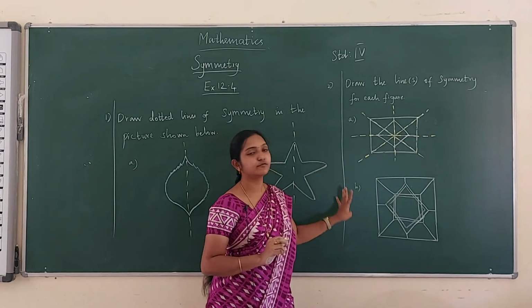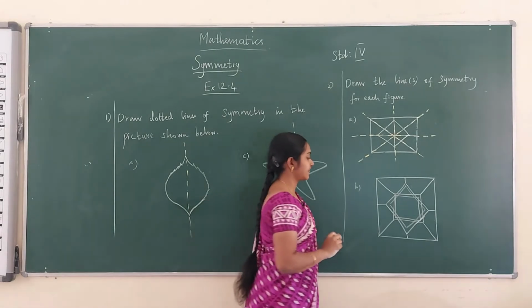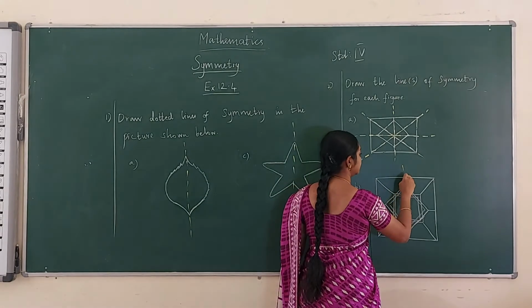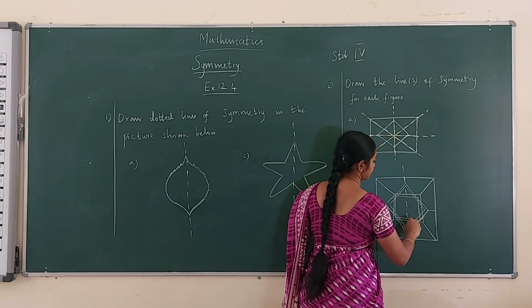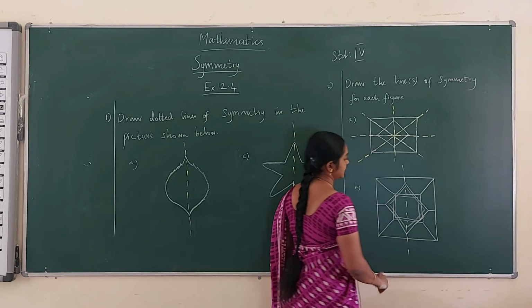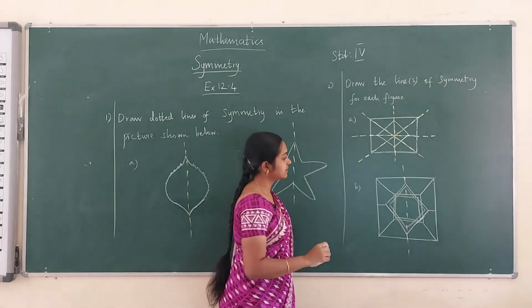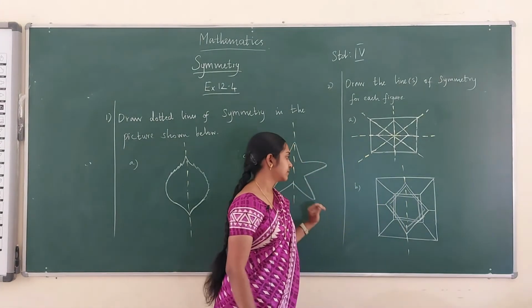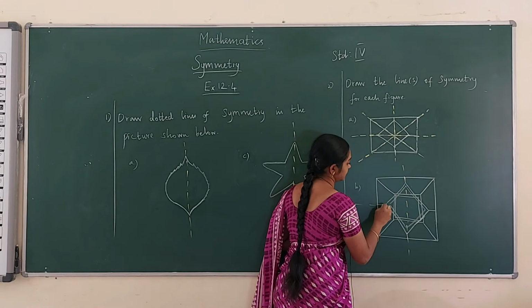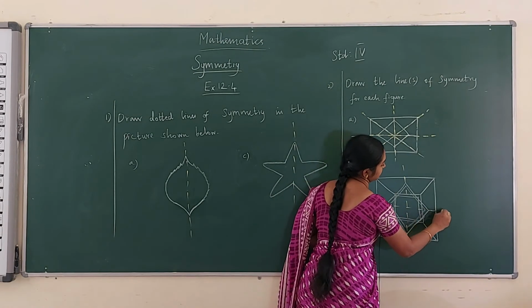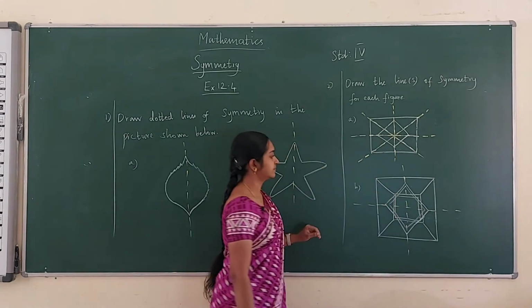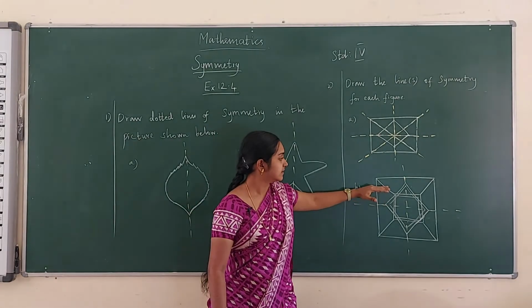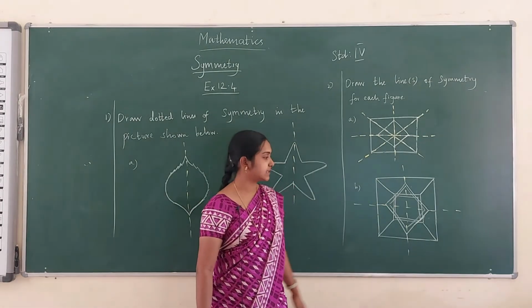So we are having 4 lines here. Here, this is the first line. Now if we divide, both the sides are looking the same.